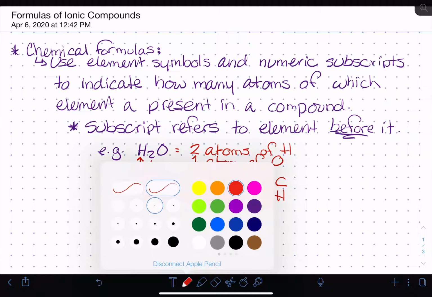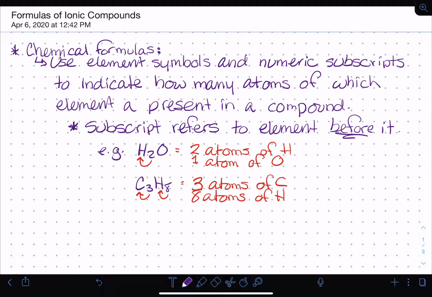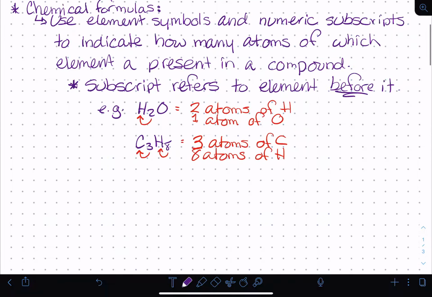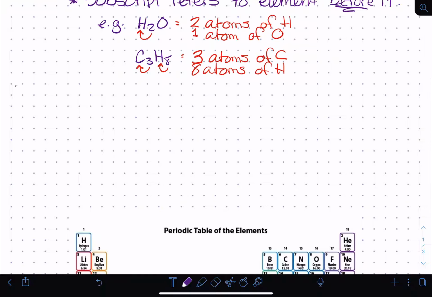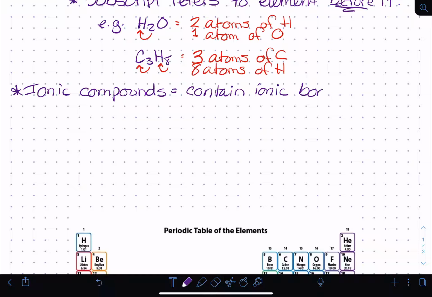So for ionic compounds specifically, so again, this previous information was for anything. For ionic compounds specifically, these are things that contain ionic bonds. And there are a few rules we need to follow in order for an ionic compound to be valid. Well, mostly just one rule, actually. So ionic compounds are substances that contain ionic bonds, which usually means there's one metal and one nonmetal.